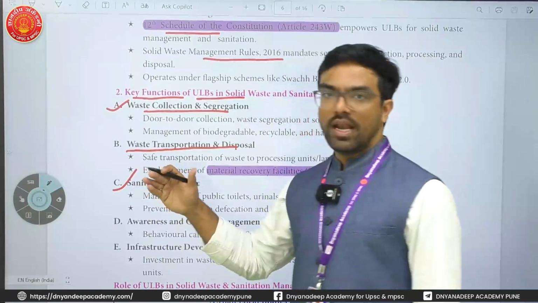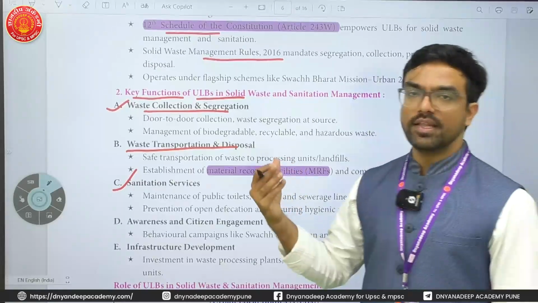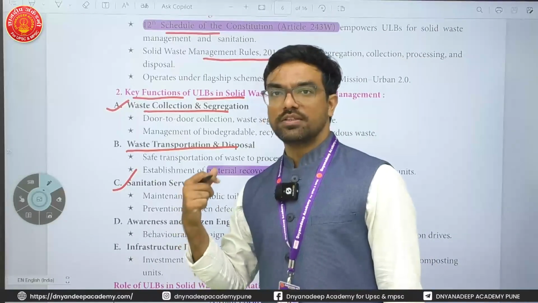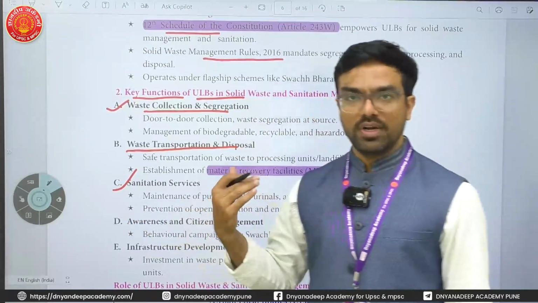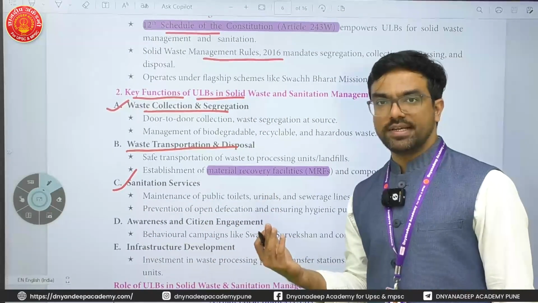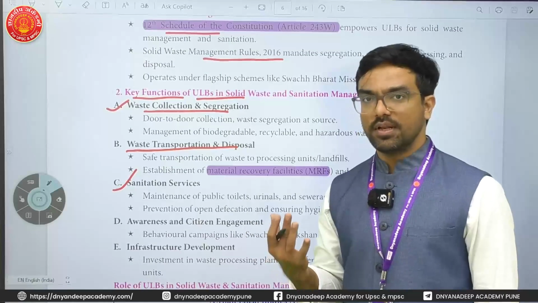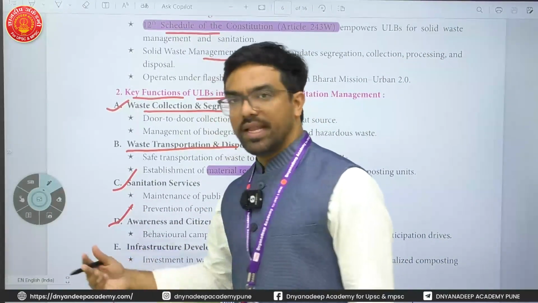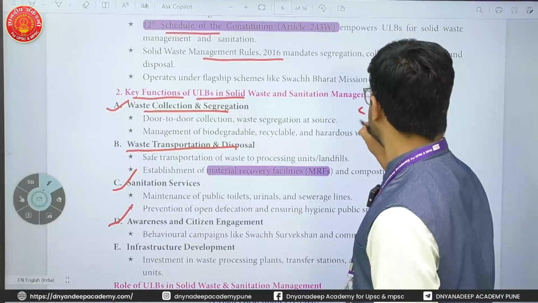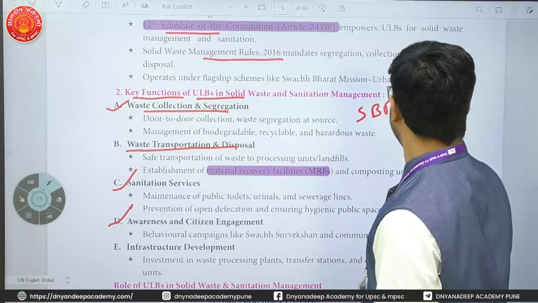Sanitation services like public toilets in the urban areas, this is the function of urban local bodies. Also ensuring open defecation free status under Swachh Bharat Urban. Then awareness and citizen engagement, like the government has launched the Swachh Bharat Mission Urban.